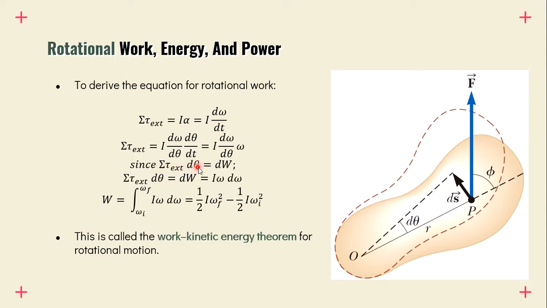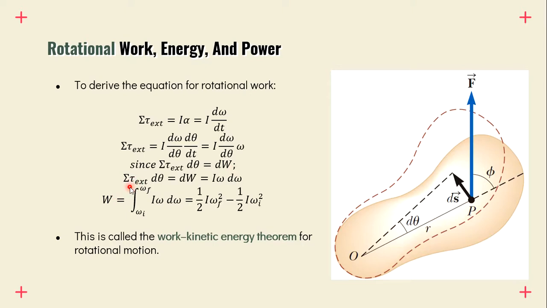And since torque times dθ is equal to work, if I cross multiply and transfer this to the left side of the equation, this becomes torque times dθ, which is equal to dW.